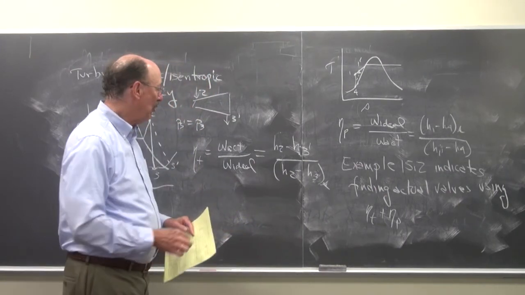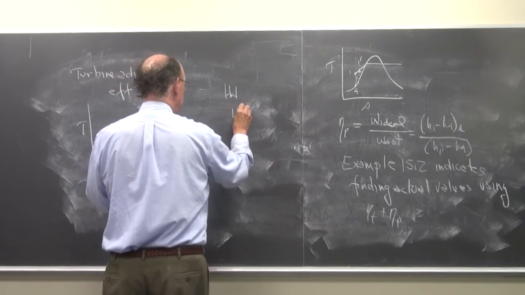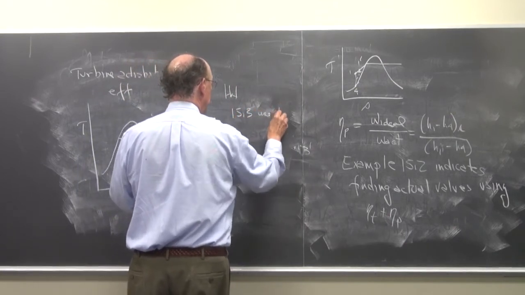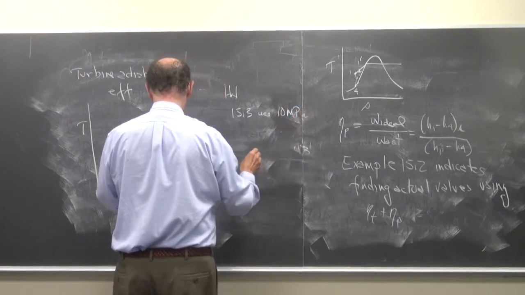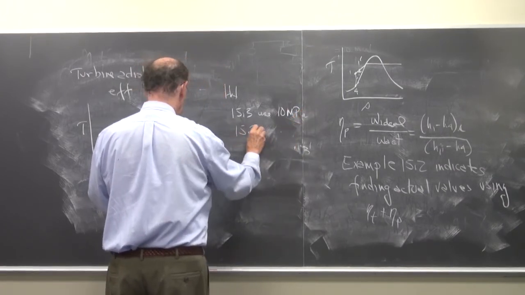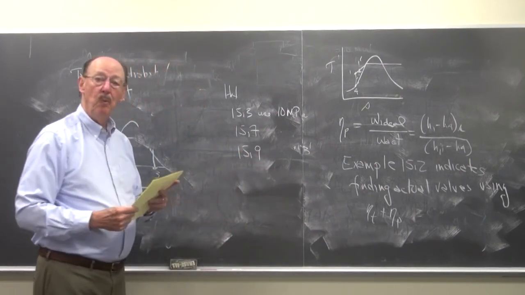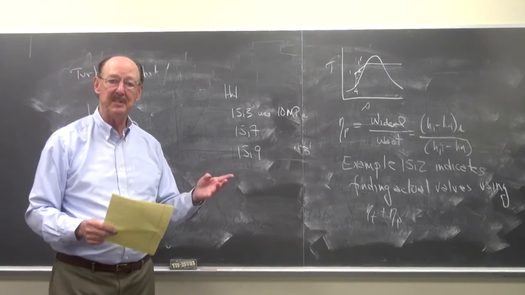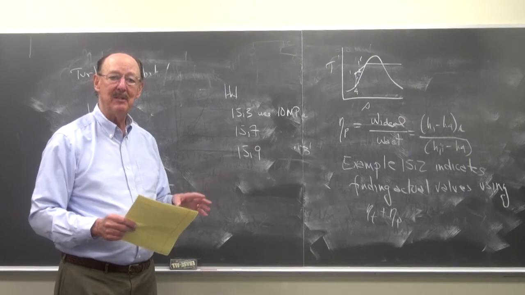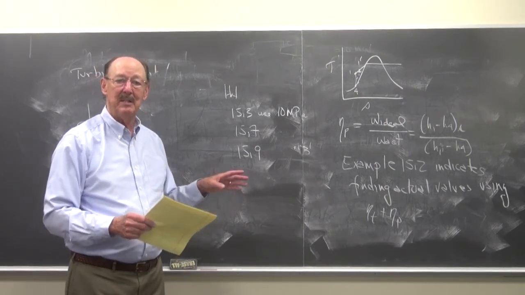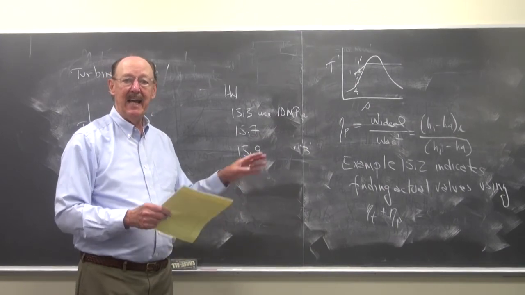And so now for homework, 15.3, use 10 MPa. 15.7, 15.9. One of the things with the homework problems, and I'll mention this again, is that if you're going to use the pressure that you can find in the tables, the homework problems were set up for a variety of pressures, such as 8 MPa.